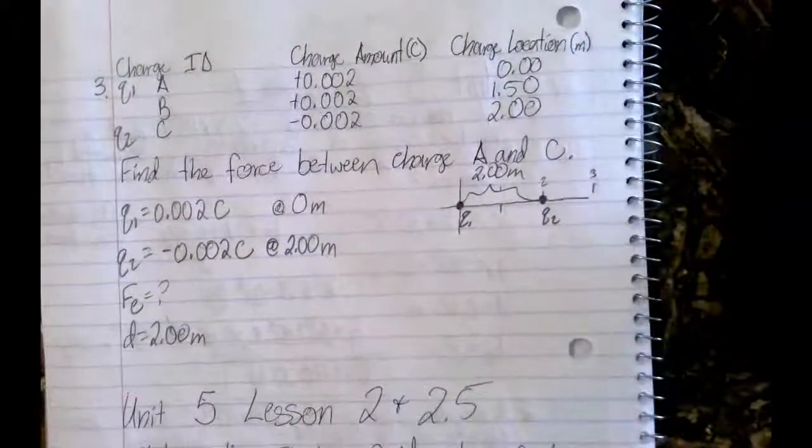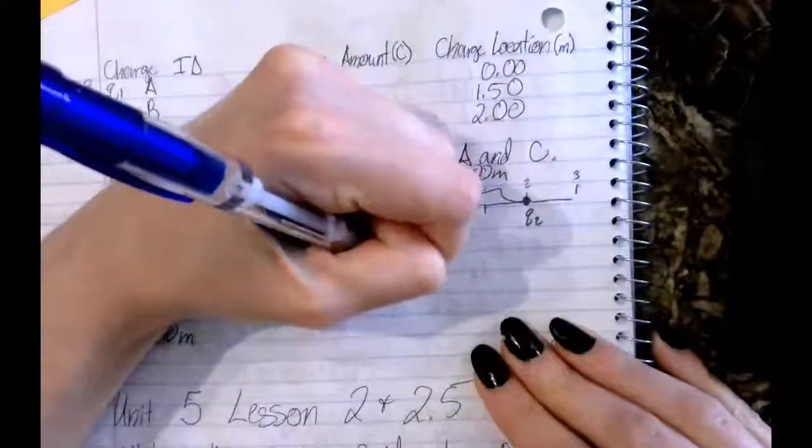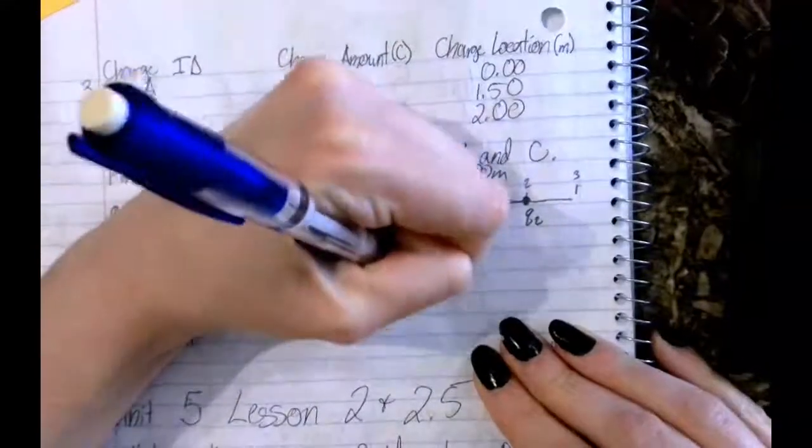Now that we know this distance, we can again use that same formula, Fe equals K, Q1, Q2 over D squared.